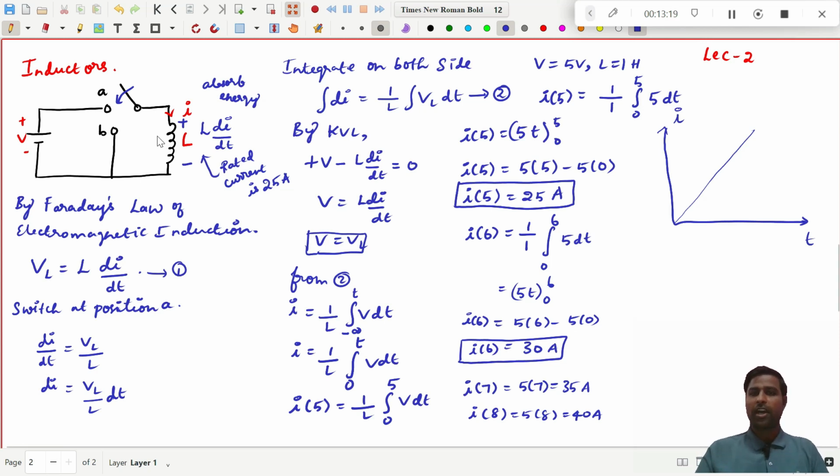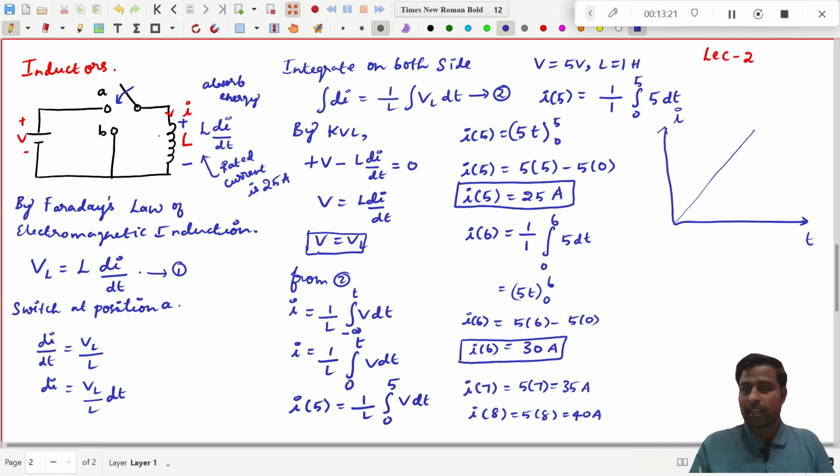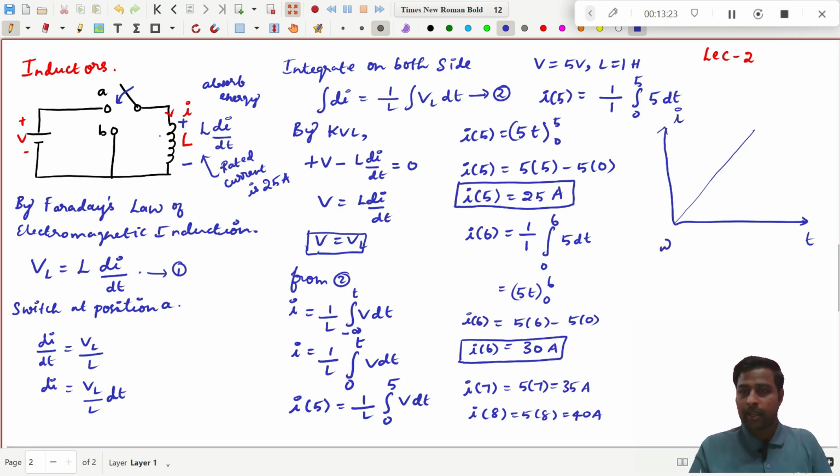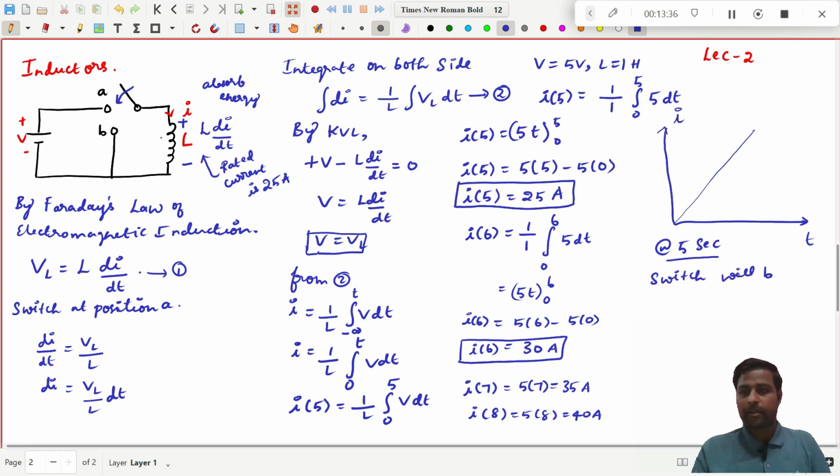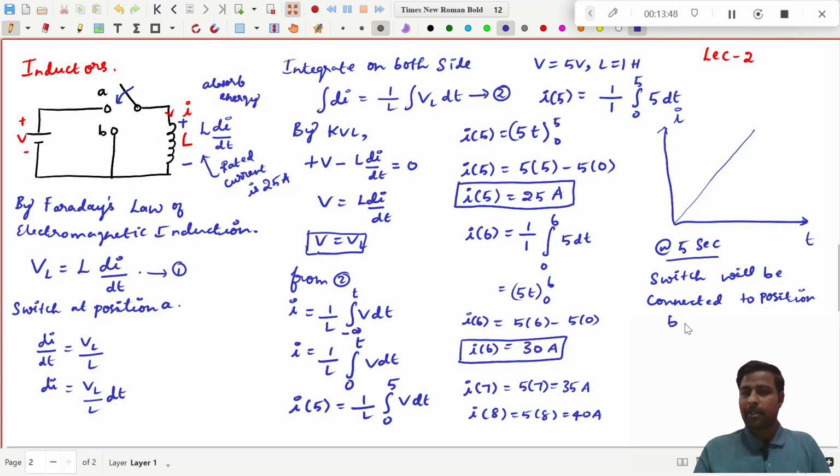Now what I am going to do, you see here, at 5 seconds, the switch will be connected to position B, right?